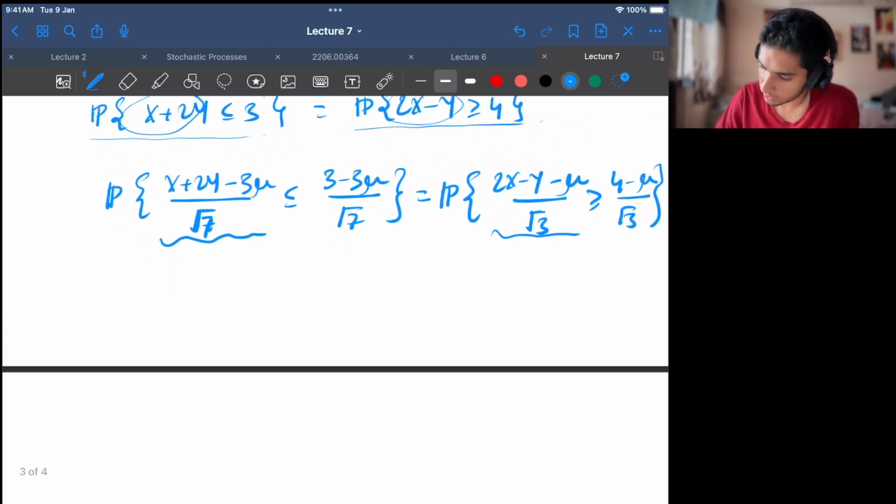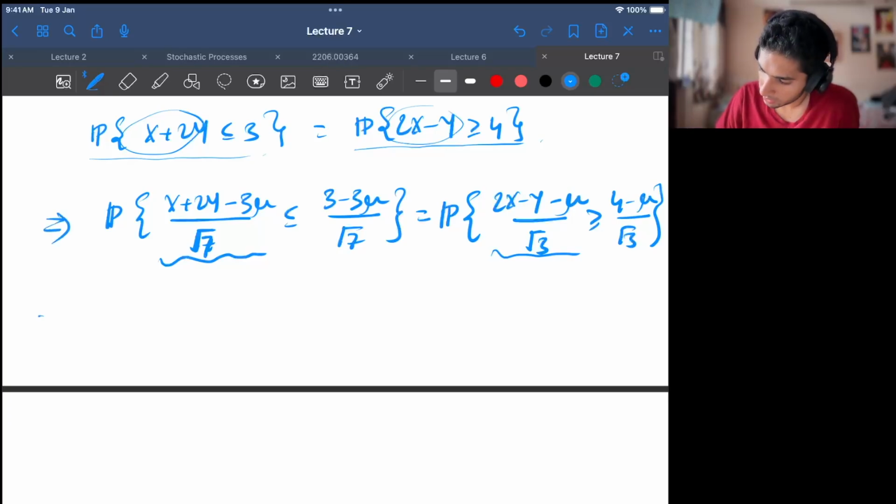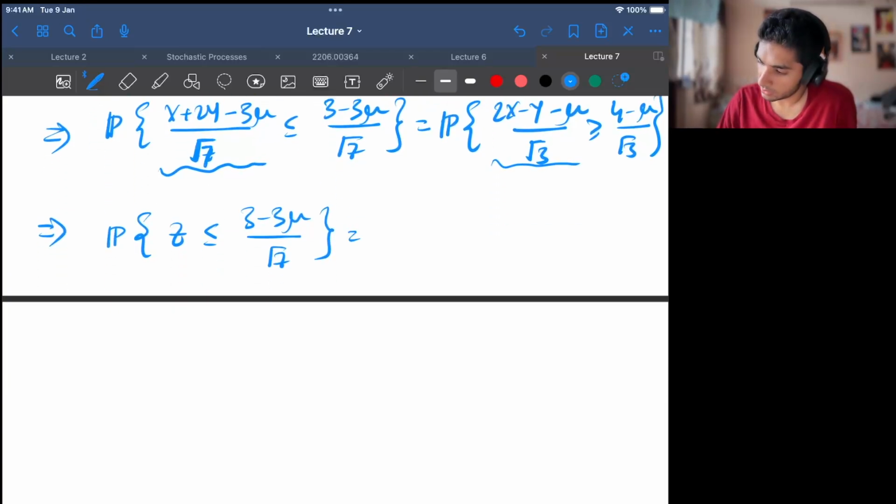So this thing I will write as probability of z less than equal to 3 minus 3 mu by root 7, and this thing is equal to probability of z greater than or equal to 4 minus mu by root 3. However, here it is a greater than equal to, and here it's less than equal to.